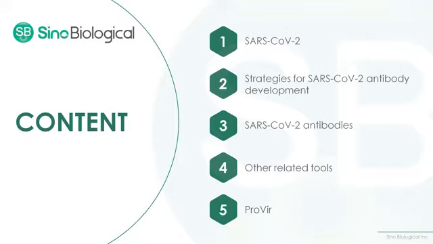Then we will talk about the strategies for SARS-CoV-2 antibody development, and then we will go through some results and the challenges we have faced during the antibody development. For the last two parts of the talk, we will share some other related tools for SARS-CoV-2 research and another PROVIR, our viral protein function.